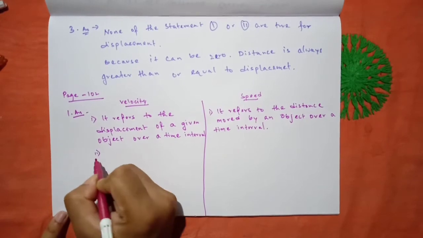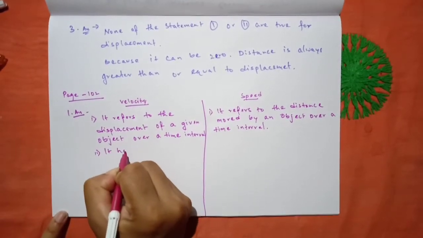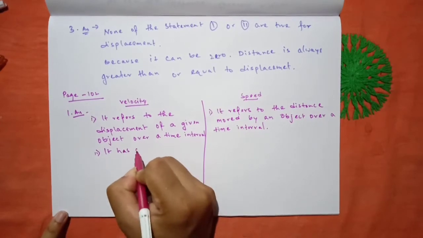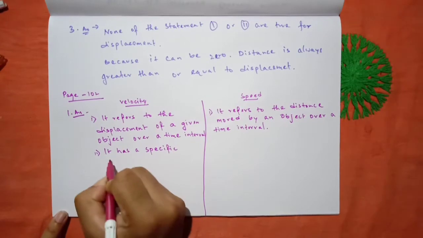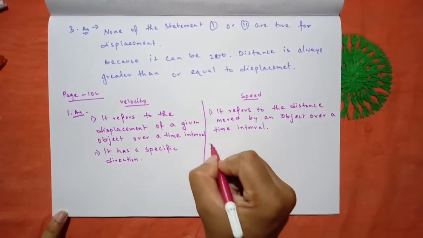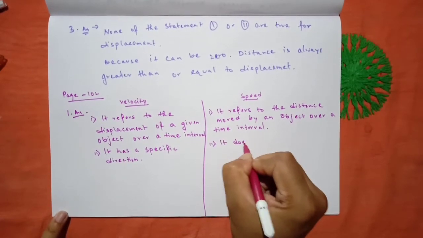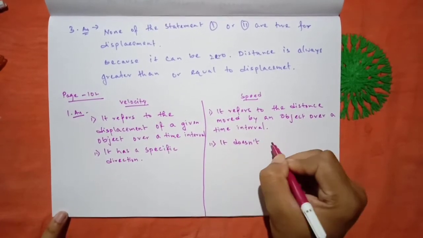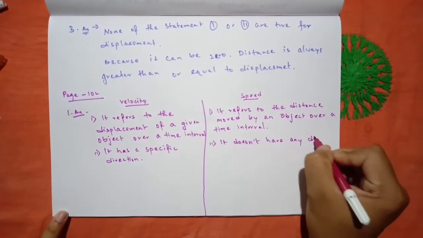The second point will be, it has a specific direction. Number 2 here will be, it does not have any direction.